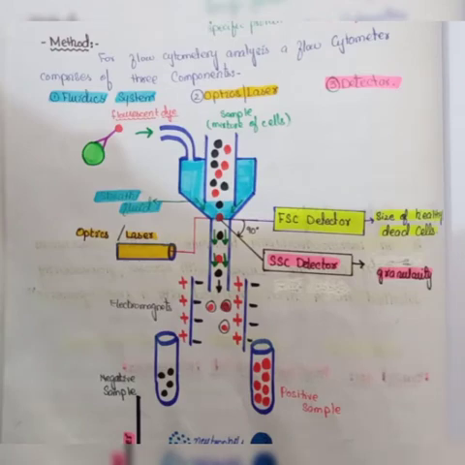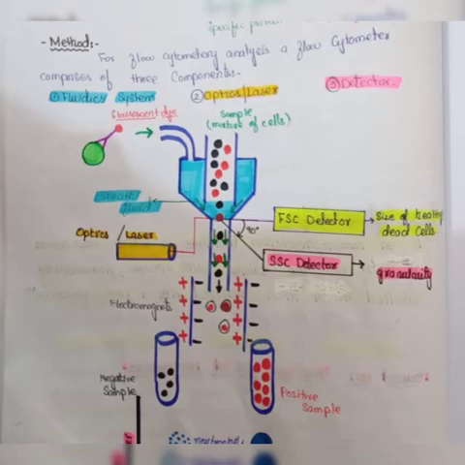As we have already discussed, the flow cytometer is used for cell size, either the size of the cell is small or large. For the complexity of the cell, either the cell contains more granules or less granules. Or for the phenotype, whether the cells are normal or healthy cells. So for all these purposes, we use the flow cytometer technique.